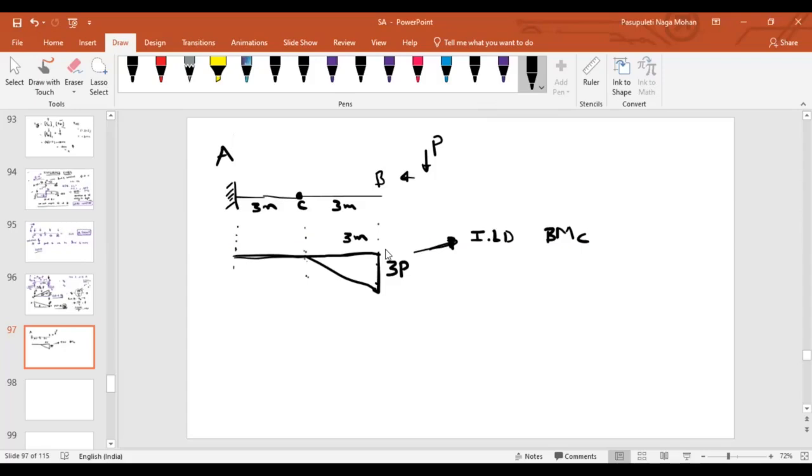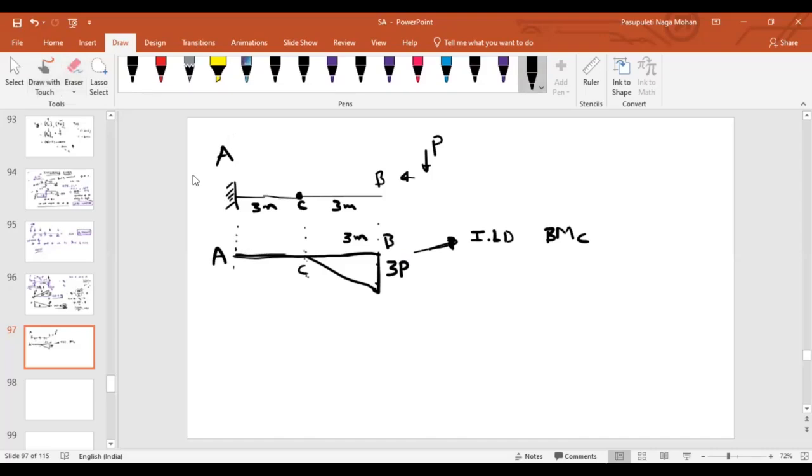ILD means that as the load is moving over the beam, this diagram represents the variation of the bending moment at C as the load is moving over the beam. That means if I'm talking about this point, that means my load is acting at this point, then what is my bending moment at C? From the diagram, as you can see, what is the ordinate value from A to C?